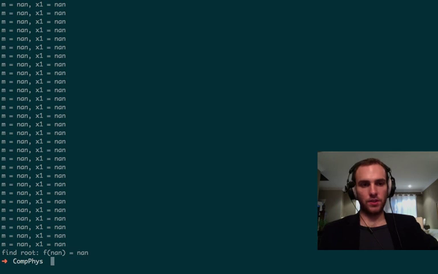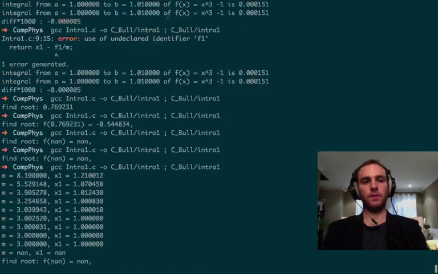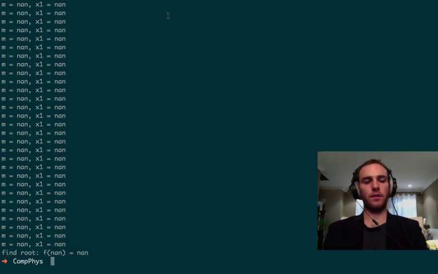Because of the finite precision of the computer, it's possible but very unlikely that we will get lucky and get right exactly to the 0. So you see here we do 100 steps before giving up.